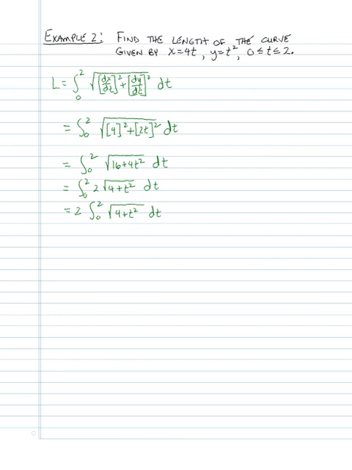If you'll notice, let's come up here for our scratch work. If you notice, we have a form that begs to use trig substitution. Okay, and if we're going to use trig substitution, because we have a square plus a square under a radical, what we need to do is use the substitution. We're going to replace t, in this case, with 2 times tangent of theta.